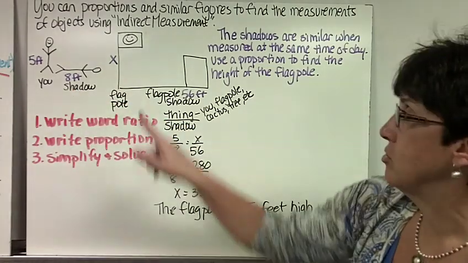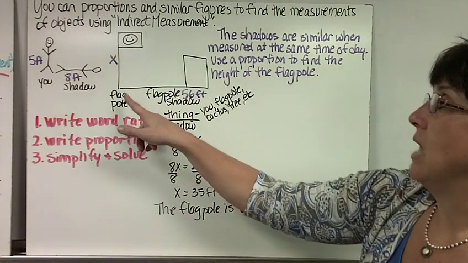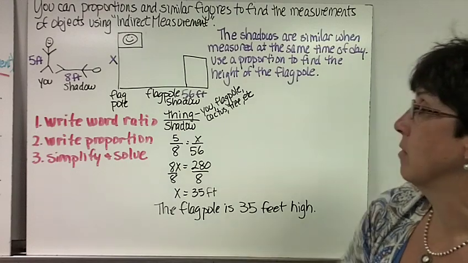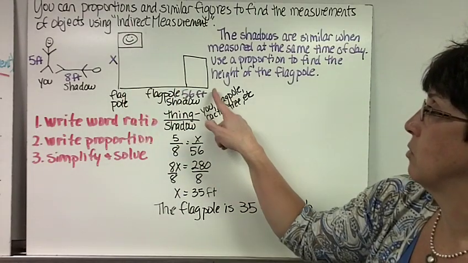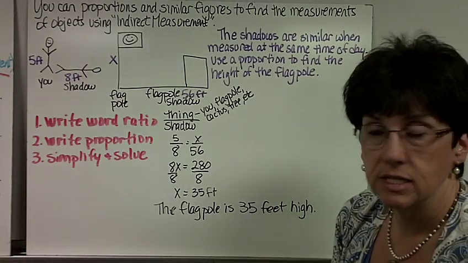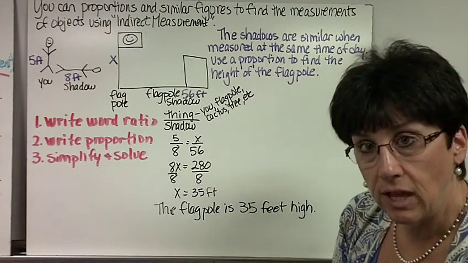At the same time, you're standing by a flagpole, and you need to know how tall the flagpole is. You can measure the flagpole's shadow as 56 feet long. The shadows are similar when measured at the same time of day. So you can use a proportion to find the height of the flagpole.